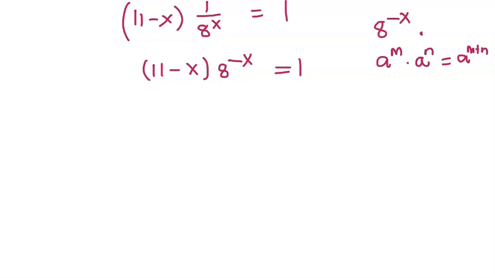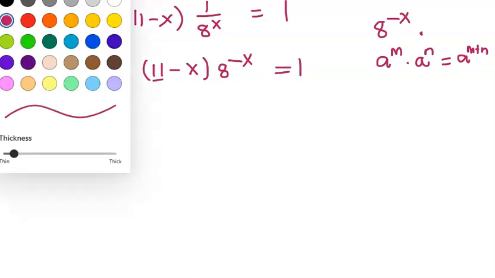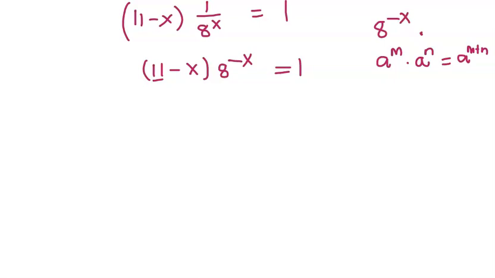So now, the number we're going to multiply to both sides, the base must be 8, but the power must be this 11 right over here. So you will see we're going to multiply both sides by 8 to the power of 11. So here we have 11 minus x, then times 8 to the power of negative x, then multiply by 8 to the power of 11.